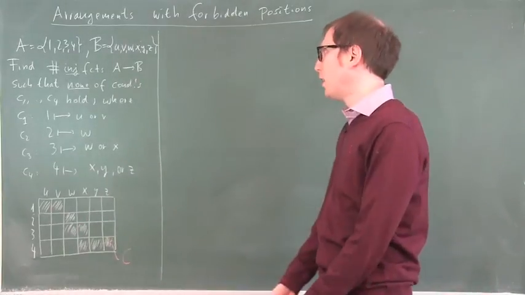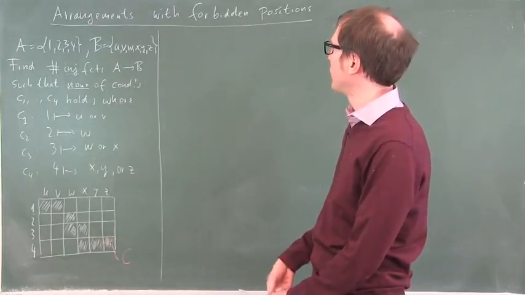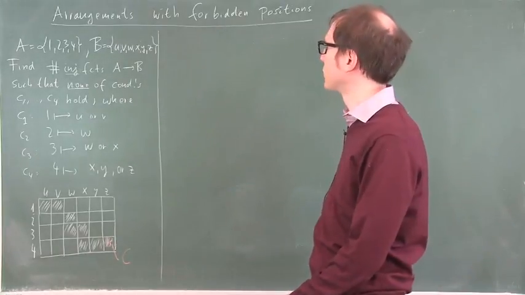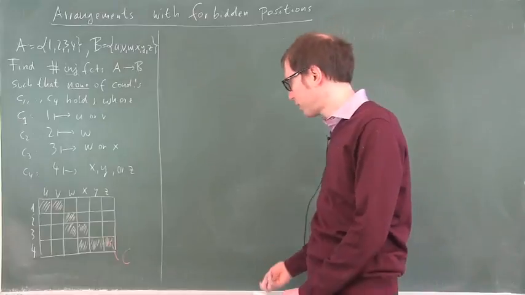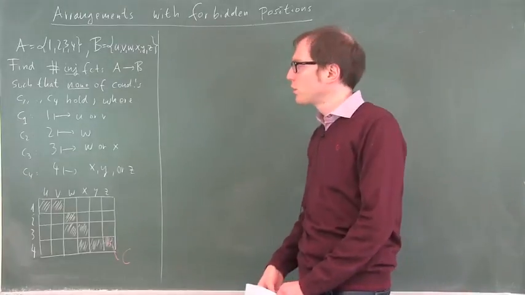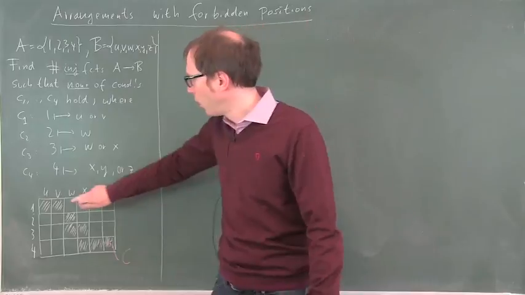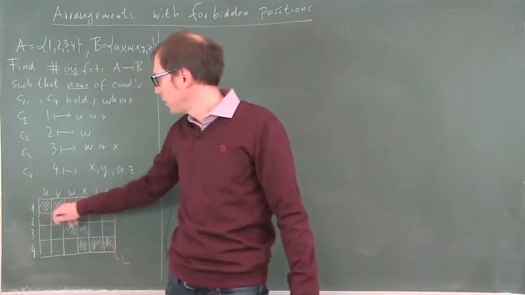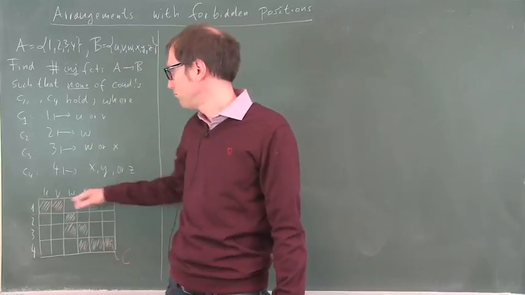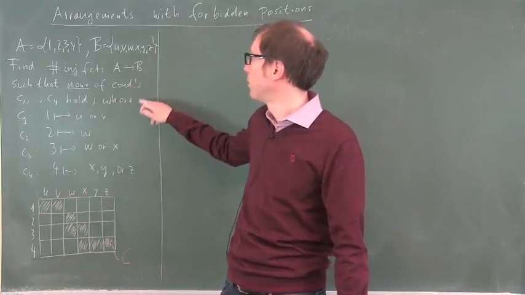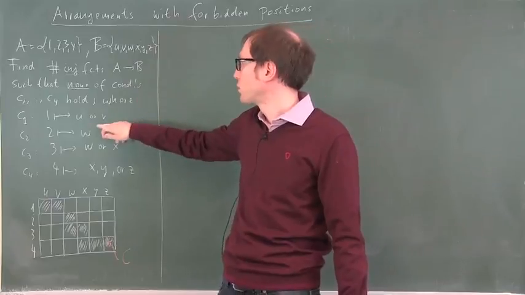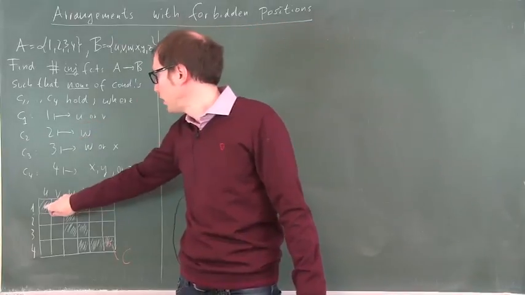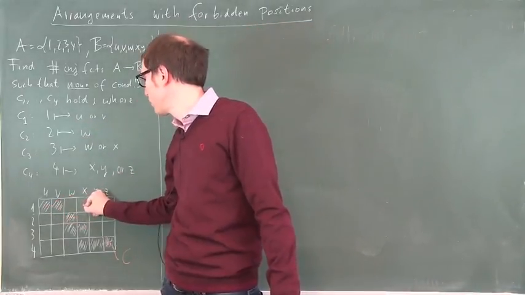Okay, so why is it called arrangements with forbidden positions? What are the arrangements here? Well, think about what an injective function is. An injective function means that 1 has to go to one of these elements, and moreover, remember, it shouldn't satisfy any of these conditions, so it shouldn't go to here or here, so maybe it's here.